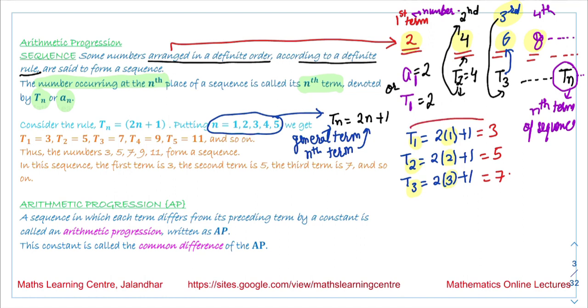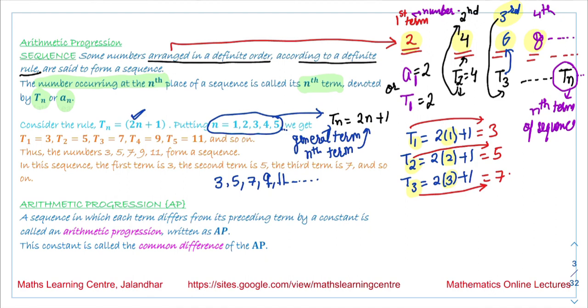So T1 is 3, T2 is 5, T3 is 7, and if we continue putting these values, we will get the sequence 3, 5, 7, and the next value will be 9, then 11, and so on. So these are the terms of the sequence. This is the rule given to us, by which the terms are arranged.